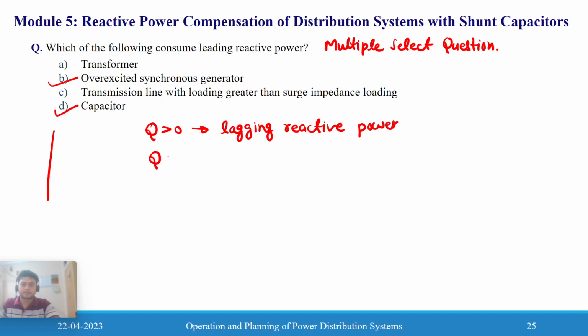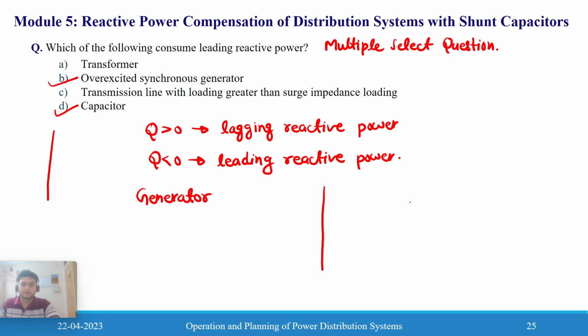And if Q is negative, it means leading reactive power. Now, if we see in terms of generator or motor, on one side we can write generator, and on the other side we can write motor.